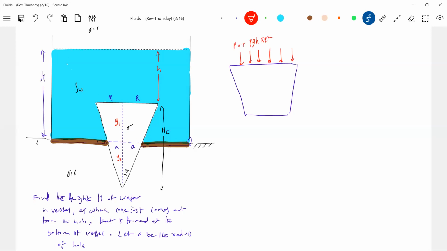That is the force exerted by the liquid on the top of the cone. Then the liquid from the side will also exert a force. This will not be constant.